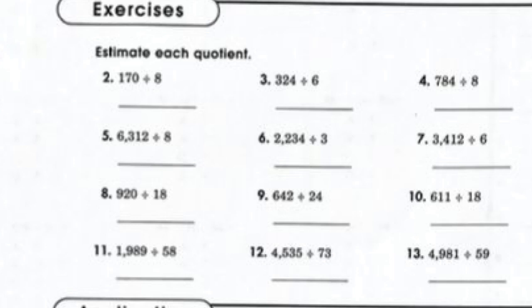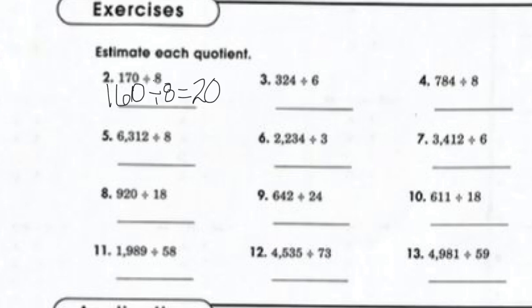Well, 170 is closer to 16, so I'm going to say this is 160, and then divide by 8. I know that 16 divided by 8 is 2, and then I add my 0. So you just pick numbers that are compatible numbers to divide.